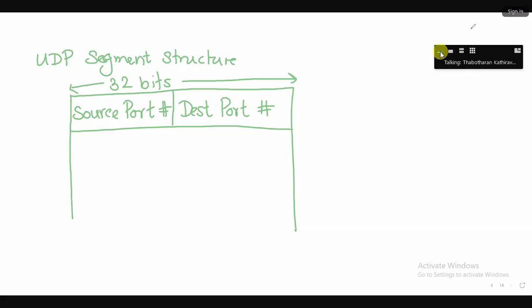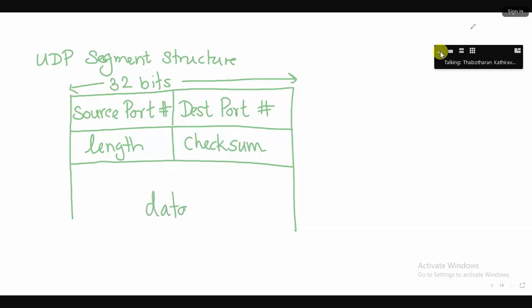In addition, 16 bits of length information about the segment are included, and then a 16-bit checksum is also included. I did not tell you about this checksum earlier. Then the data will follow based on the size of the segment. So very little, smaller header information.